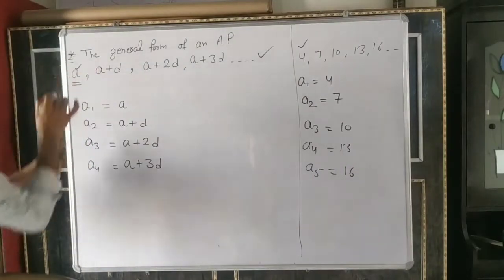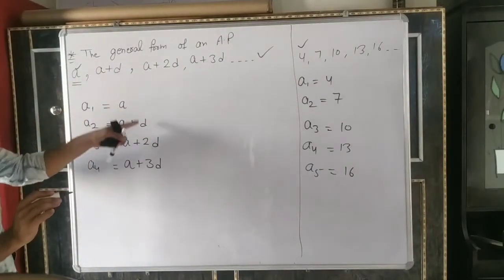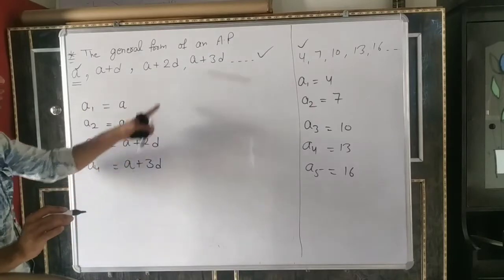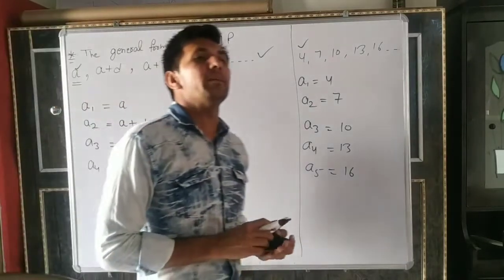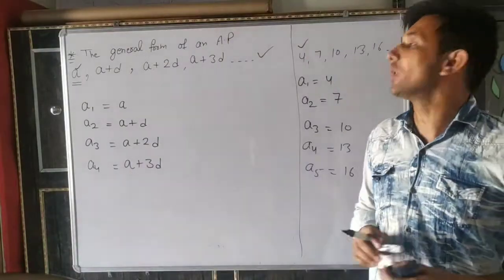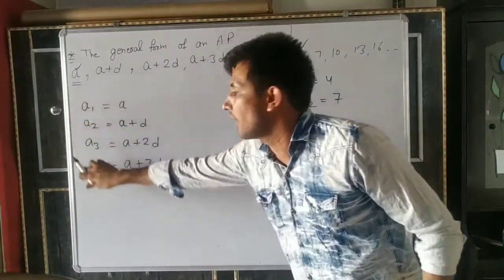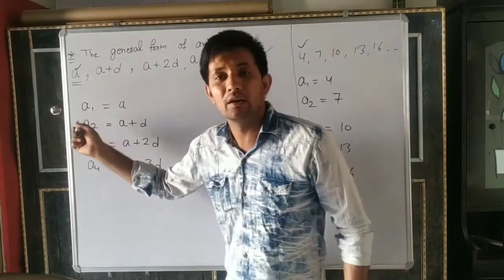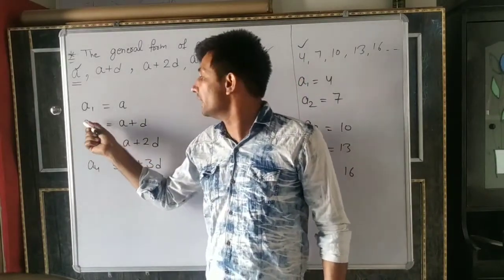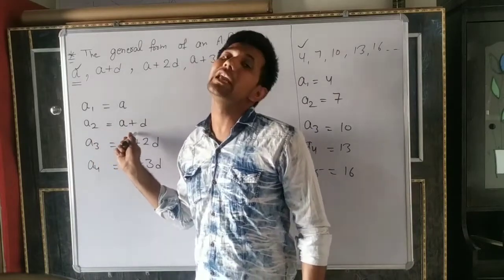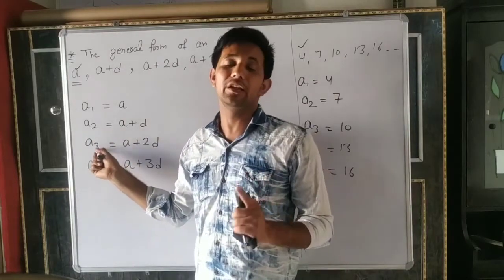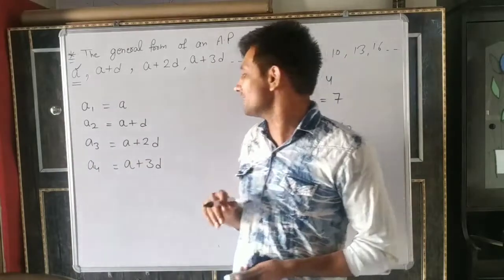First term A1, A2 is A plus D, A3 is A plus 2D, A4 is A plus 3D. Always remember, if any AP is given, we will use these notations. A1 is equal to A. It means A2, the second term, is always A plus D. A3 is A plus 2D.